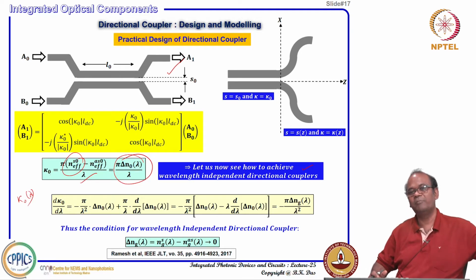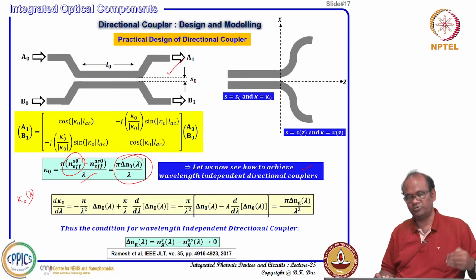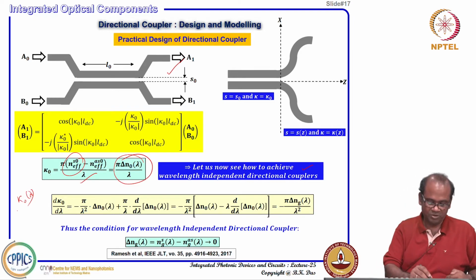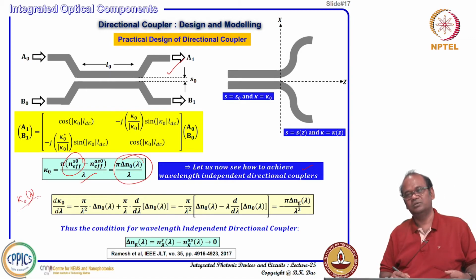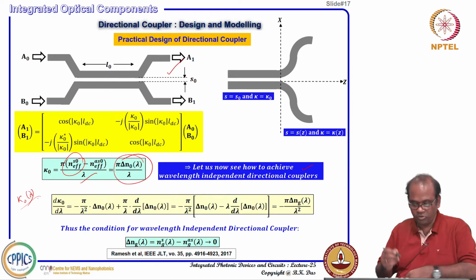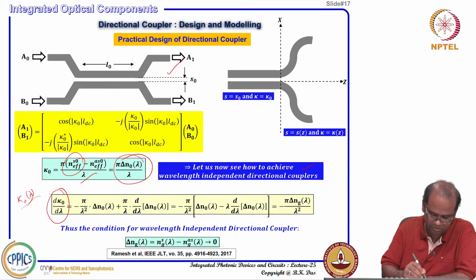For WDM, DWDM purposes, suppose I want to use a broadband with all the channels from 1500 to 1600, then around that wavelength I should see that kappa naught is not showing wavelength dependence. So, how to get that? Let us try to find d kappa naught by d lambda. If this is 0, that means kappa naught is constant over lambda.